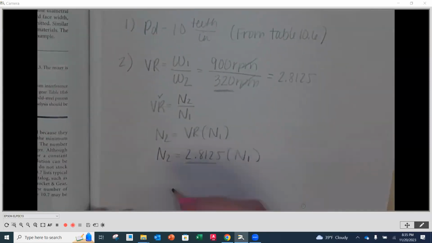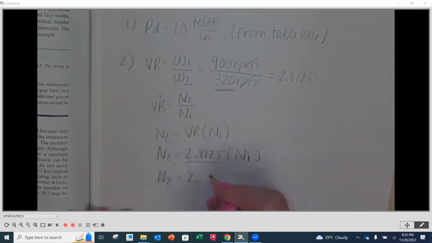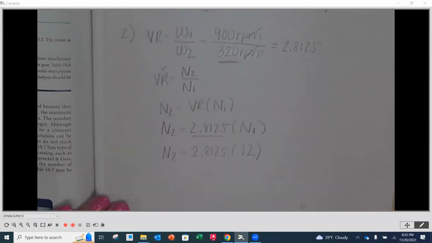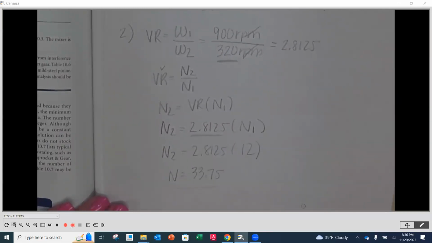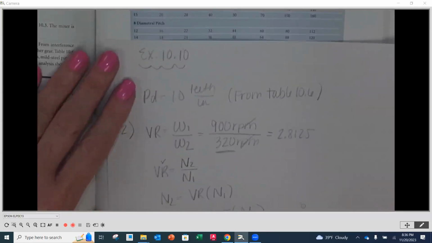So if N2 is equal to 2.8125 times 12, what do we get for our N2? We get 33.75. Obviously, with the 0.75, that means that we can't use 12. So what are we going to do next? Keep going. Let's try 14.